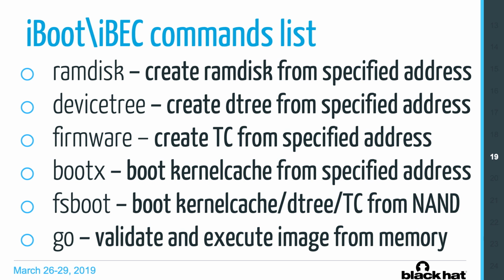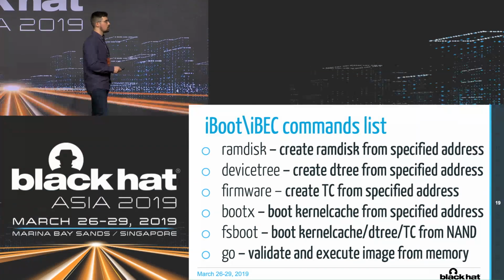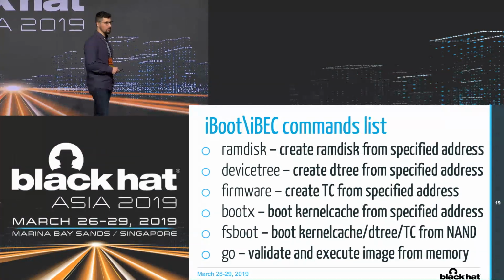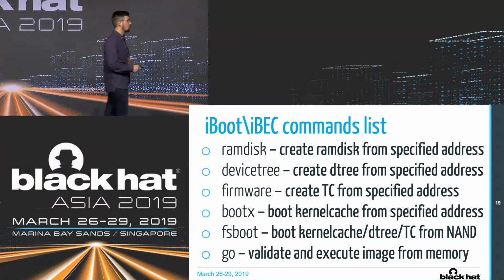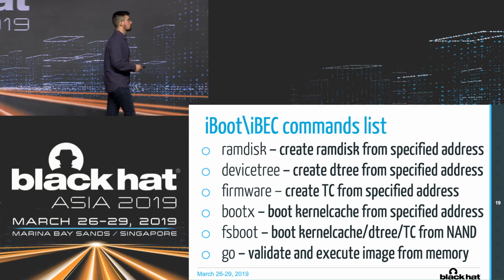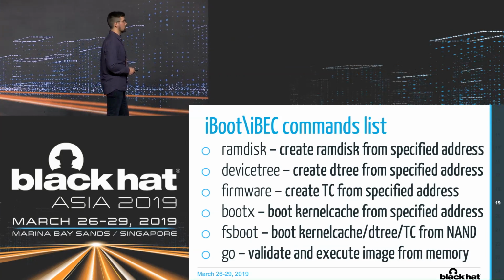And firmware is basically the way Apple uploads the trust cache: upload the image and send the firmware command. I believe in a future version they're going to move more and more firmware to be uploaded by iBoot instead of the kernel, I think for security reasons. Anyway, for now, firmware just loads the trust cache.